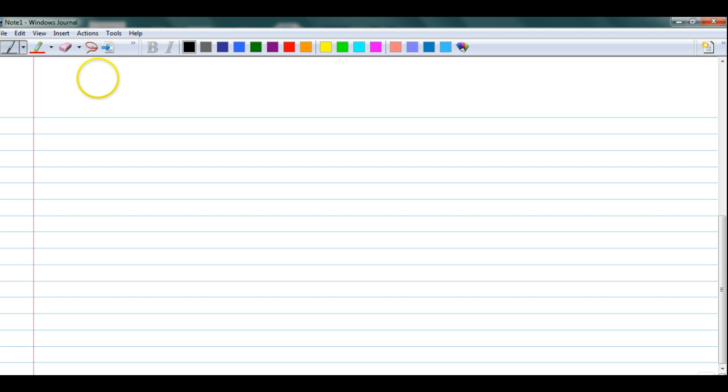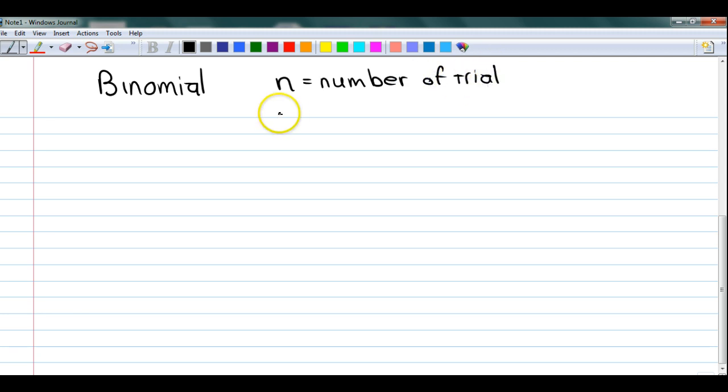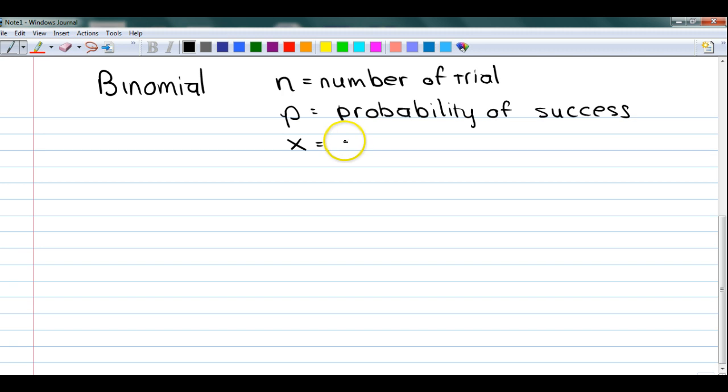The binomial distribution, you have a number of trials, N, you have a probability of success, P, and then you have an X value, which is the number of successes you're interested in having.